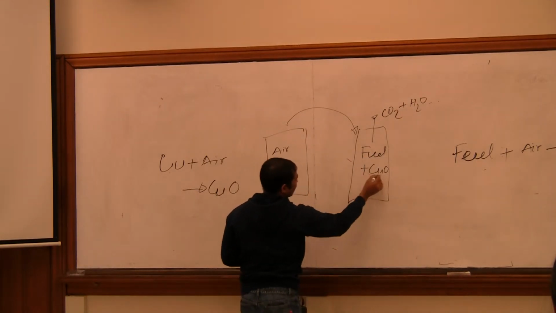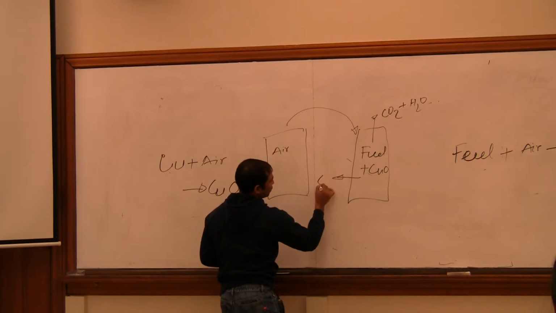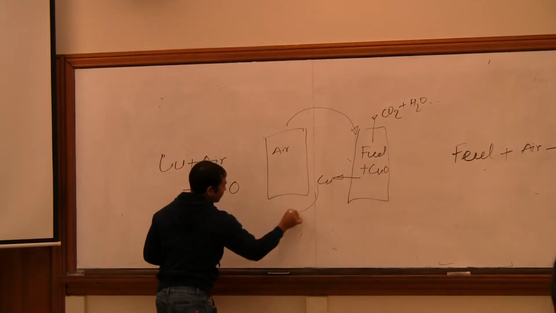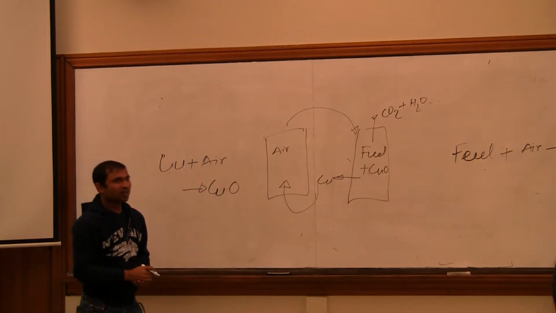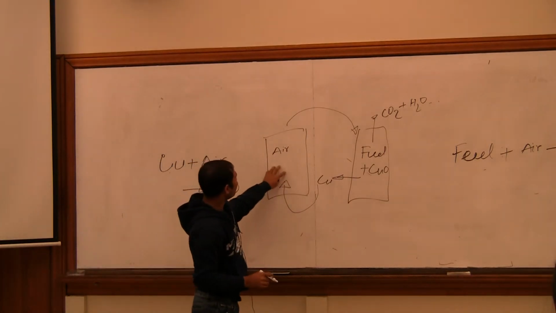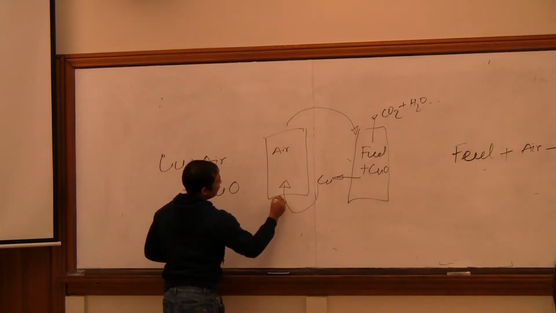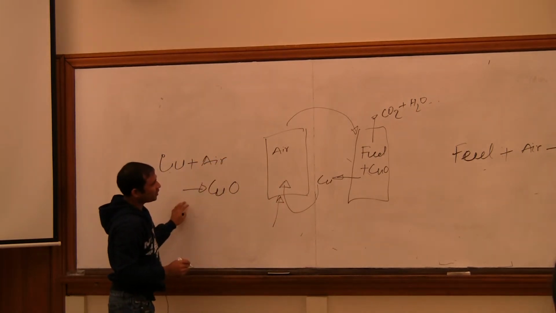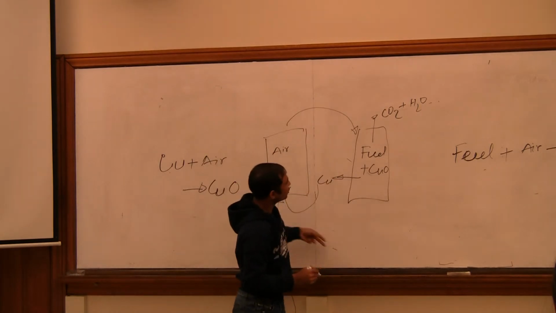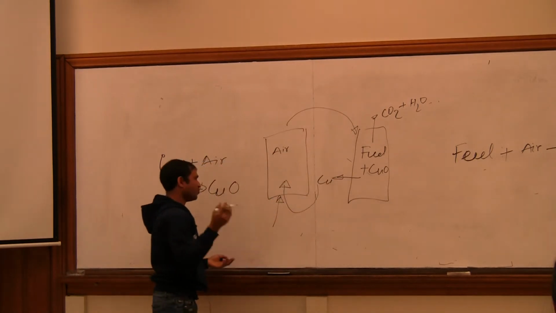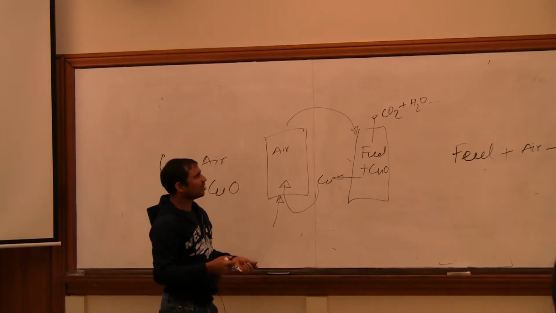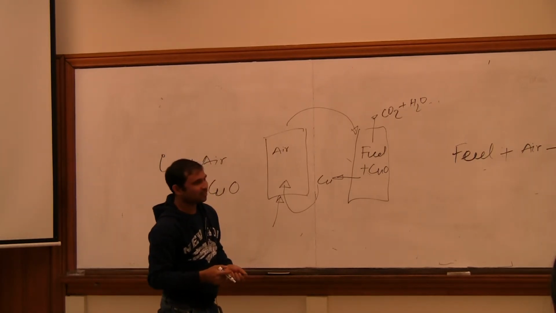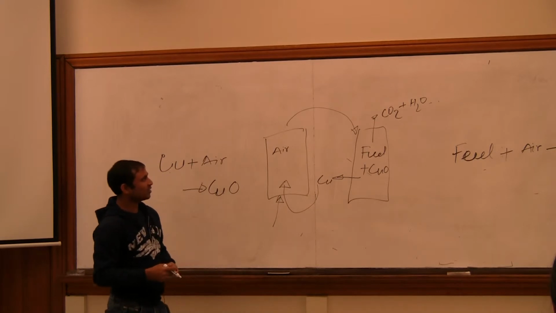And when it is reduced, you will get pure copper, which you can transport back to your air reactor. So now you have pure copper, and you can again reoxidize it with your air and continue the process. Maybe 100 cycles, 200 cycles. They have used it up to 300 cycles.